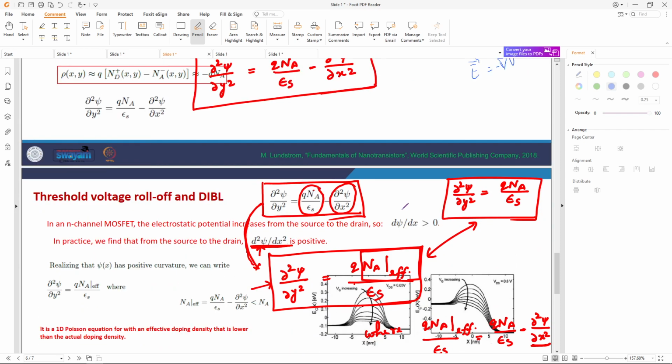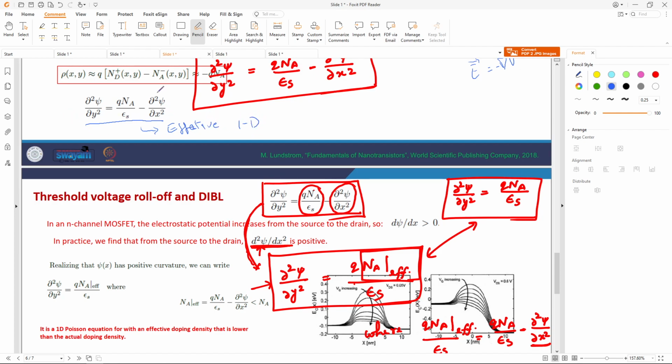Now this equation is the effective 1D Poisson equation.